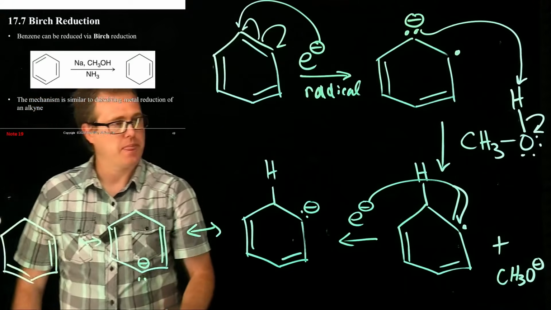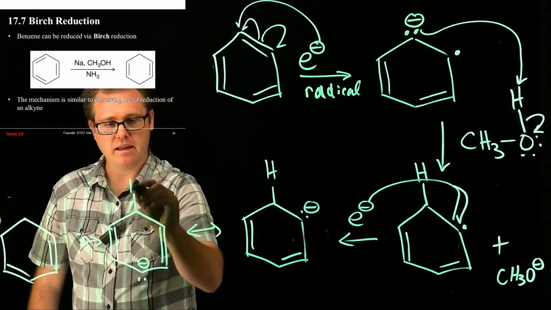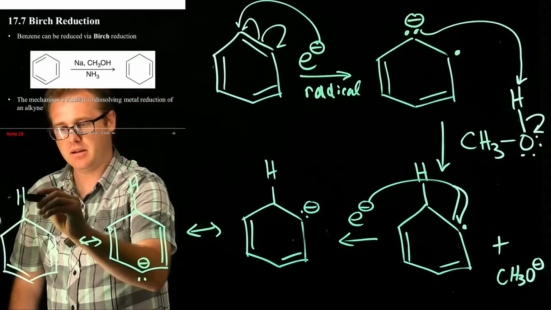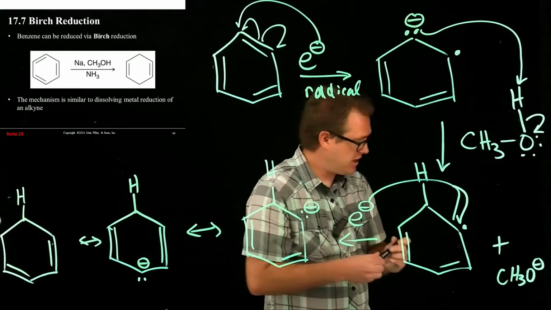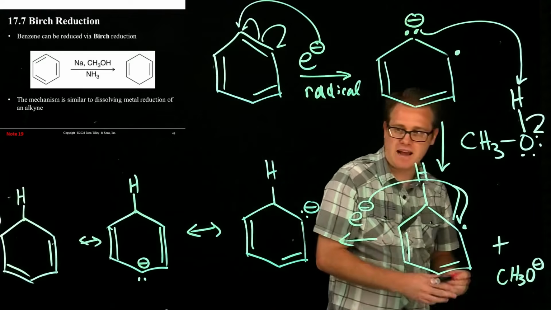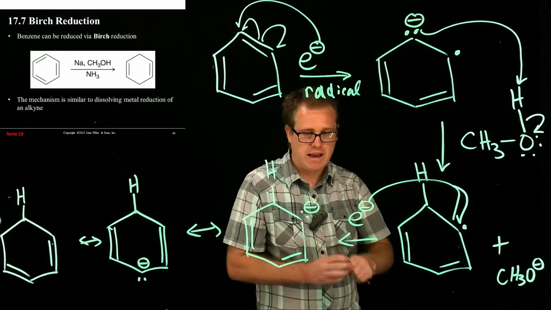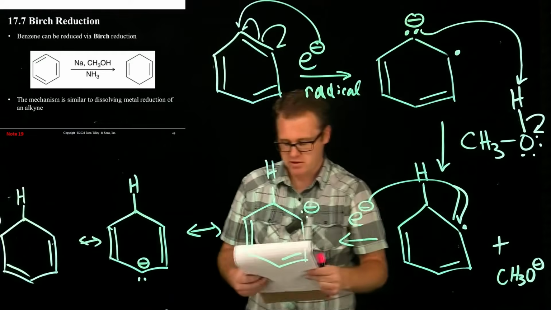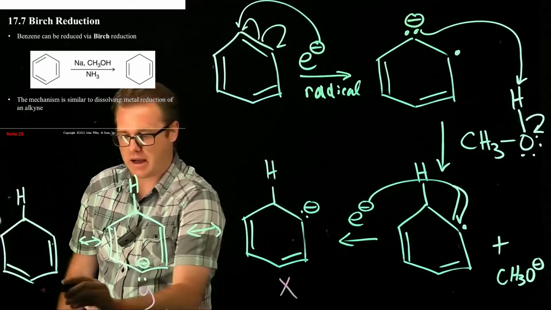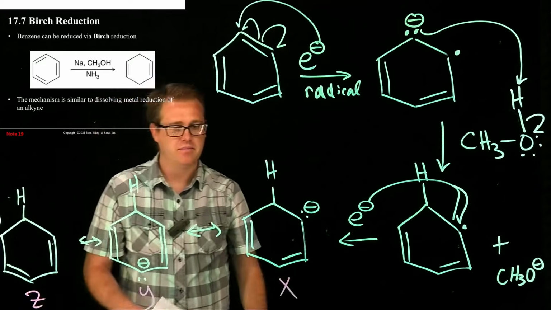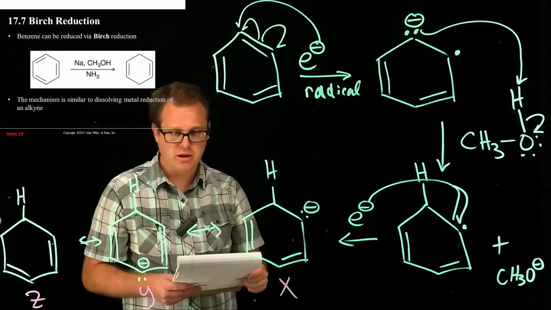Like that. Now we still have that hydrogen that was added. Okay. Now let's show the reaction arrows of what's happening here. So we have 3 resonance structures. I'll label them X, Y, and Z. We have 3 different resonance structures.